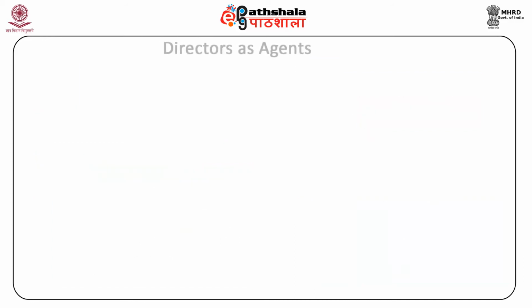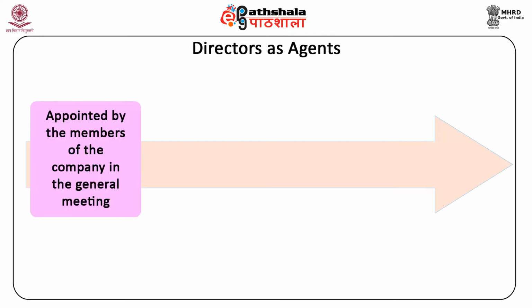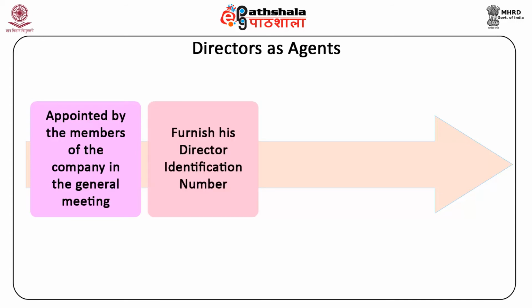Appointment of directors by members. The subsequent directors, in the case of a public company, are appointed by the members of the company in the general meeting. Every person proposed to be appointed as a director by the company in the general meeting or otherwise shall furnish his director identification number and a declaration that he is not disqualified to become a director under this Act.